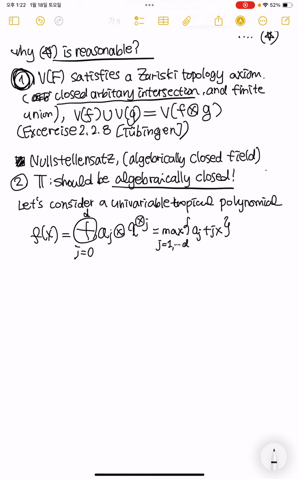Why this is a general univariable polynomial? Let's think about, for example, an easy example, as I say, the tropical quadratic function.